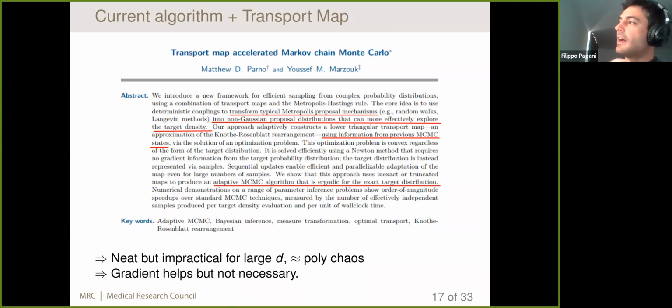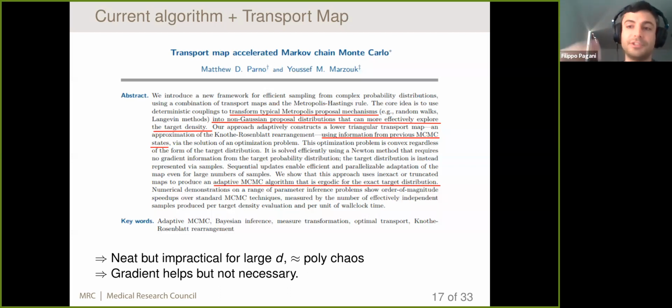It's basically an algorithm that can work with your original algorithm, and the transport map basically estimates a mapping between a standard Gaussian, which could be your MCMC proposal, and the posterior, which could be curved. And it uses that to propose better moves. And then obviously, you'd be able to explore better the posterior.